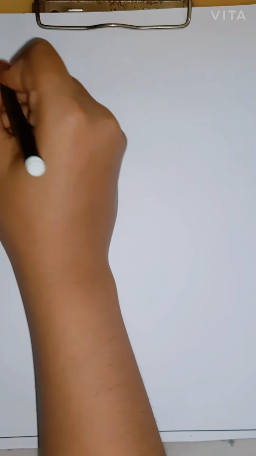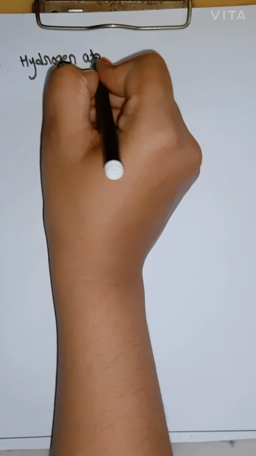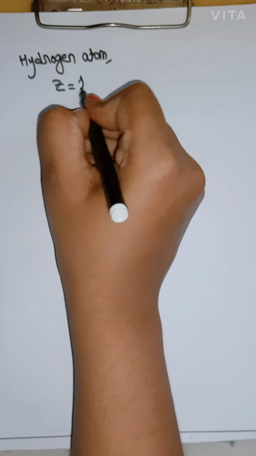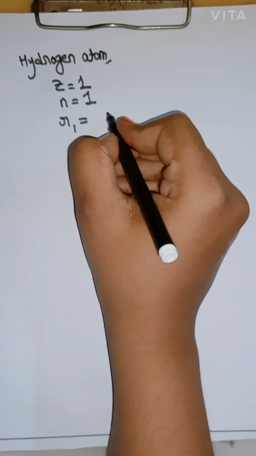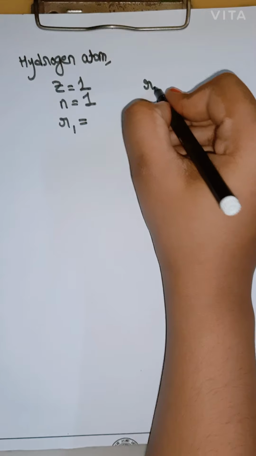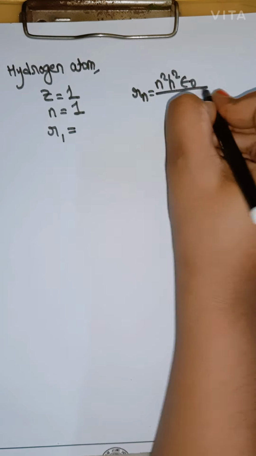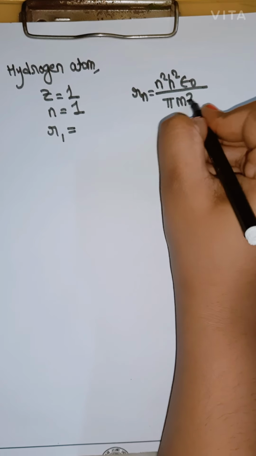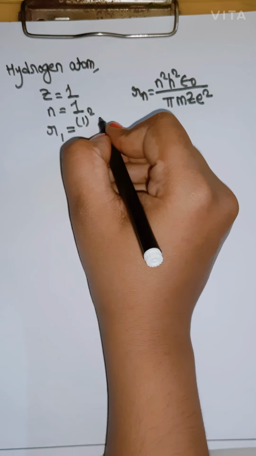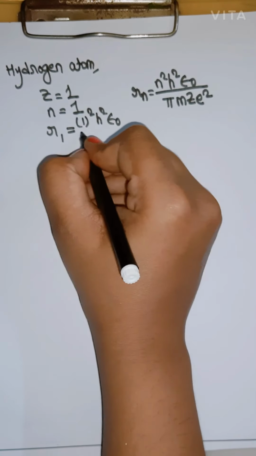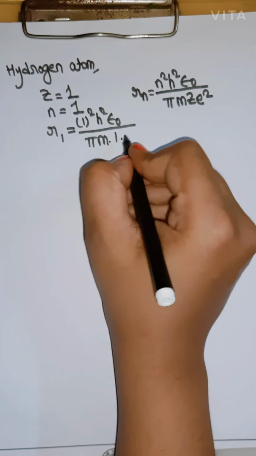For example, for the hydrogen atom, Z is equal to 1. For the first orbit, r1, we have the formula rn equals n square h square epsilon naught by pi m Z e square. So r1 is equal to 1 whole square into h square epsilon naught by pi m Z e square.